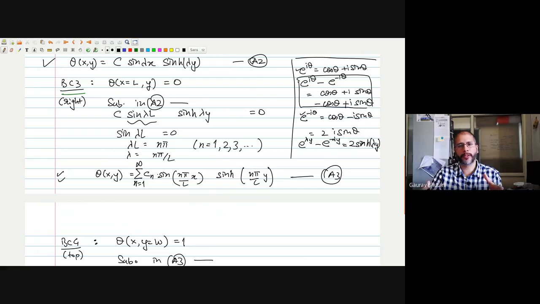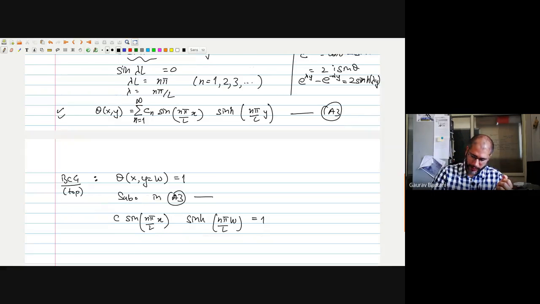In general, when you have two solutions, you say that the general solution is C1 times the first solution plus C2 times the second solution. That is exactly what we are doing. So we are keeping each coefficient of the solution different. That is what A3 is. So here I should be writing this, and there's a summation over n.